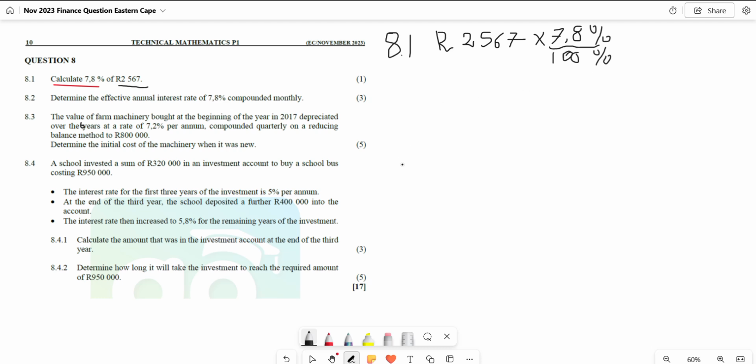Then, let us use our calculator. 2,567 multiplied by 7.8 divided by 100%. This is going to give us an amount in rands equivalent to R200,23.